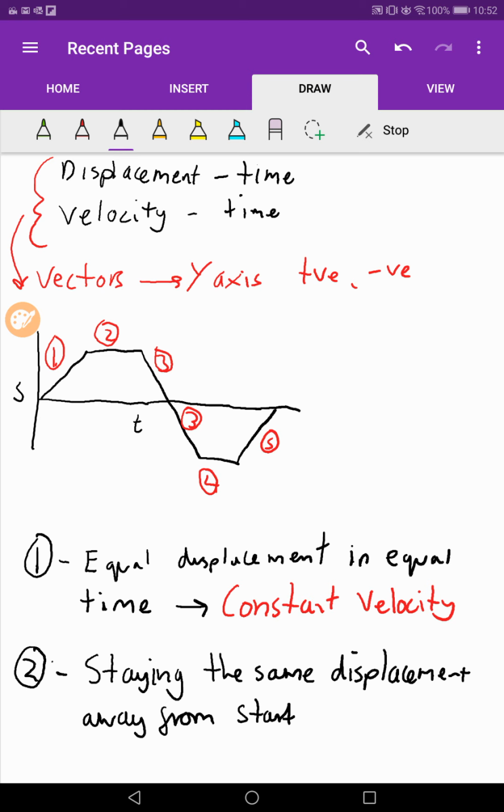So that means we're stationary. It can also mean, if you're clever, that you're circling round. But in this case, we're stationary.